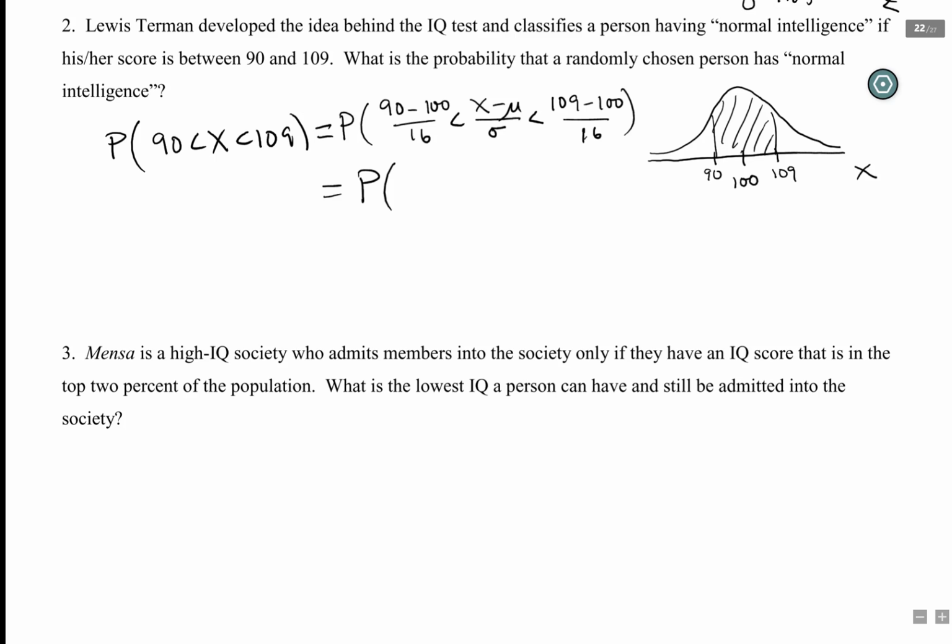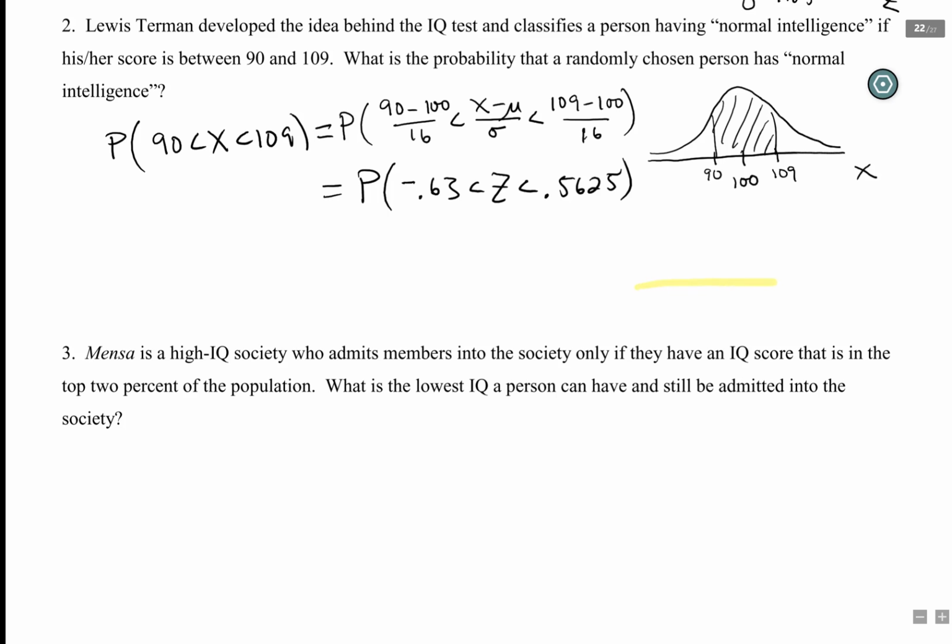The arithmetic for the first standardized value is negative 0.63, and for the second it is 0.5625. So I am looking for the area under the standard normal curve between negative 0.63 and 0.5625.